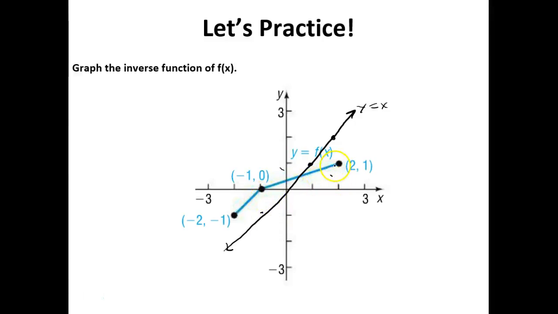So the inverse of this point would be over here because it's going to get folded across the line. This point, when it's folded, is going to be right on the line. This point, when it's folded over, is going to be here. And this point is going to be down here. So then I connect those points and I get the graph of the inverse.